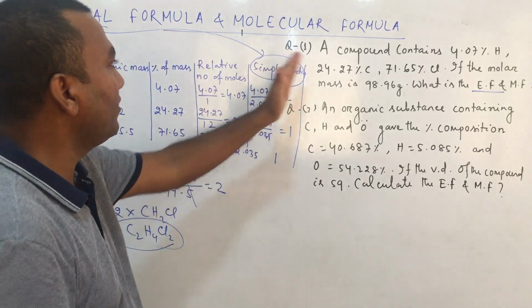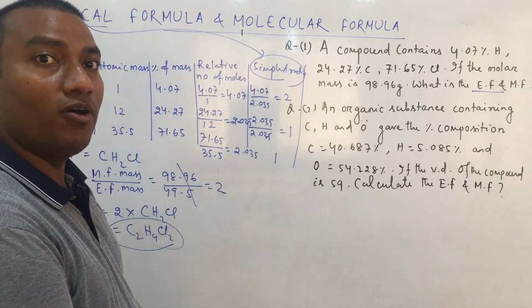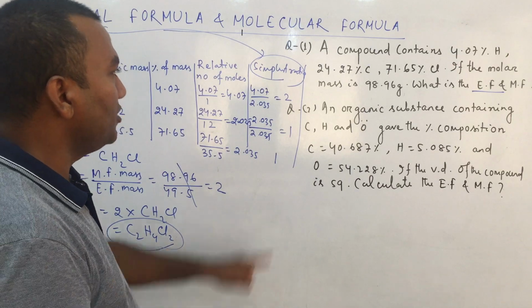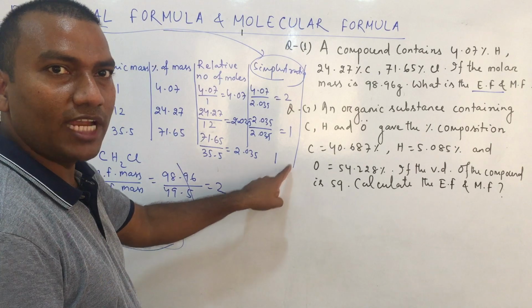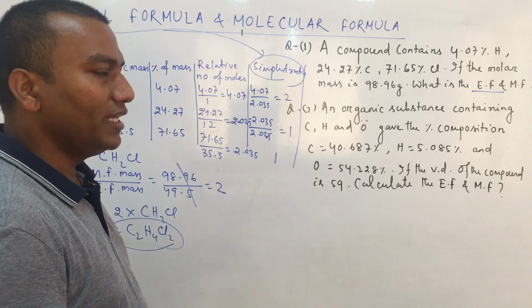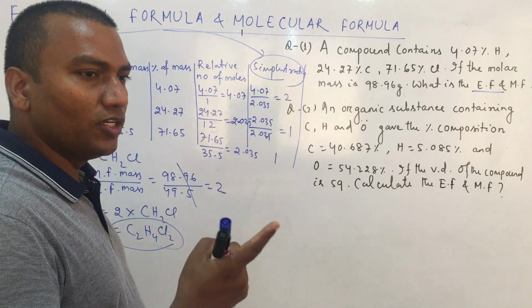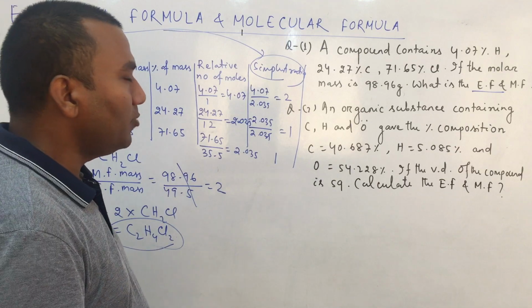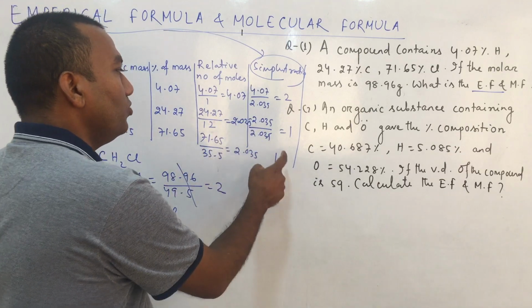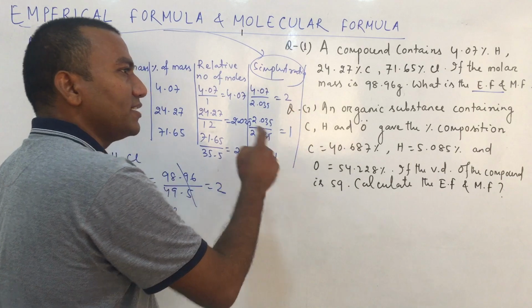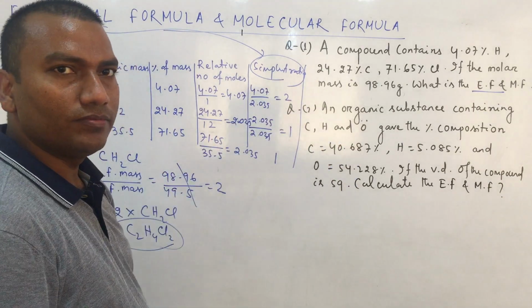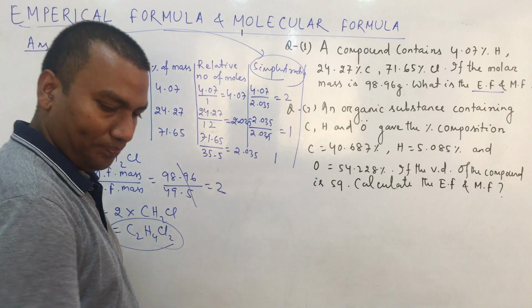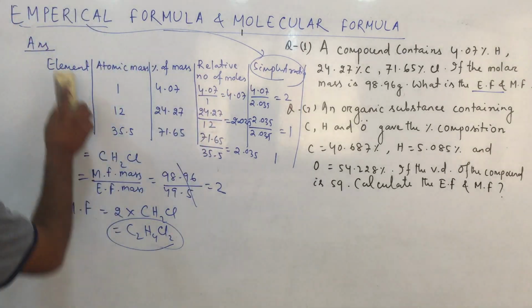So another table will come, called the whole number ratio. Suppose you see 2, 1.5, 1. For 1.5, at least how much must we multiply to get a whole number? 2. So 2 is multiplied in all three cases: 2 into 2, 1.5 into 2, 1 into 2. Got the idea?